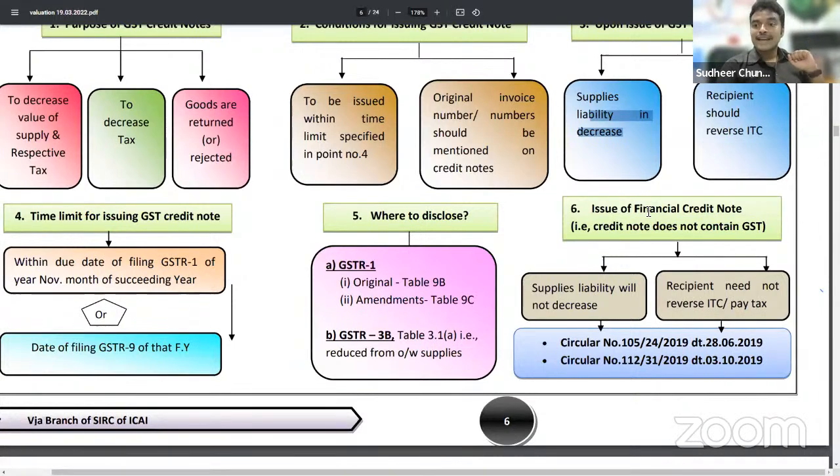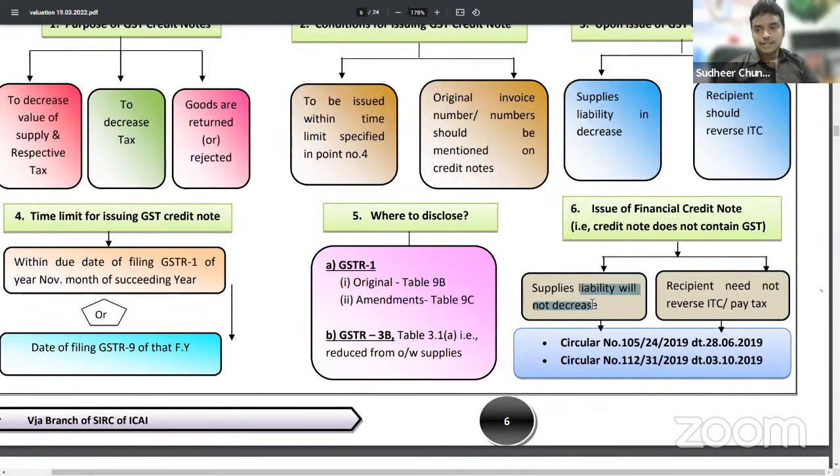He has issued a financial credit note, that means a credit note that does not contain GST. The department is forcing the recipient to pay GST on this financial credit note. But no need, sir. A very, very important clarification is given in the circular. So, issue of a financial credit note: when a financial credit note is issued, the supplier's liability will not decrease.